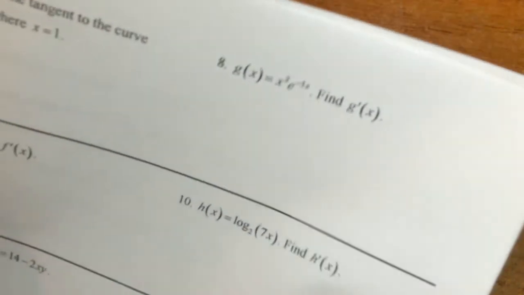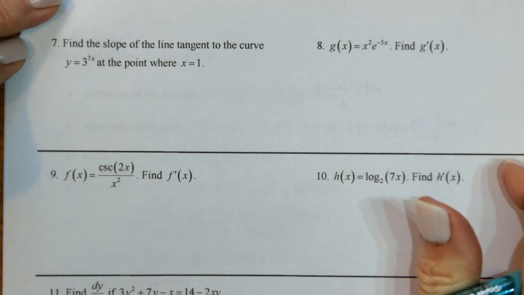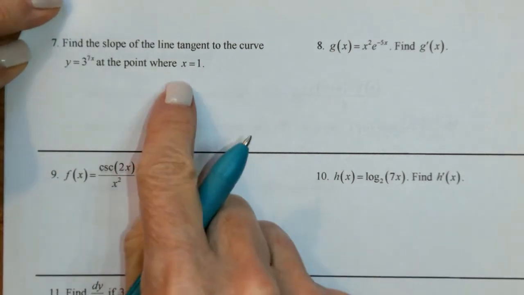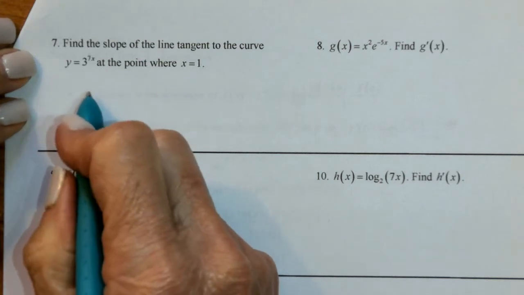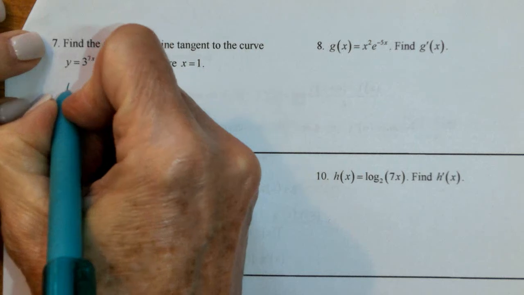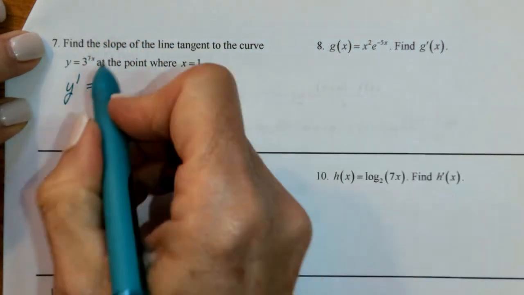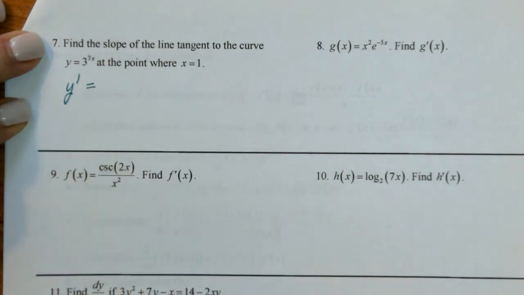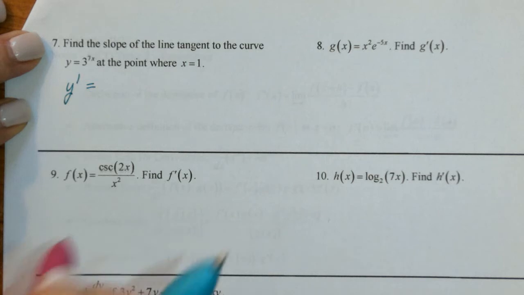So find the slope of the line tangent to the curve. That's just the derivative. And we have here y is equal to 3 to the 7x. So what's the derivative of that? So y prime here would be. So here's what I'm thinking to myself. It's like an e to the 7x, but it's not an e, it's a 3.